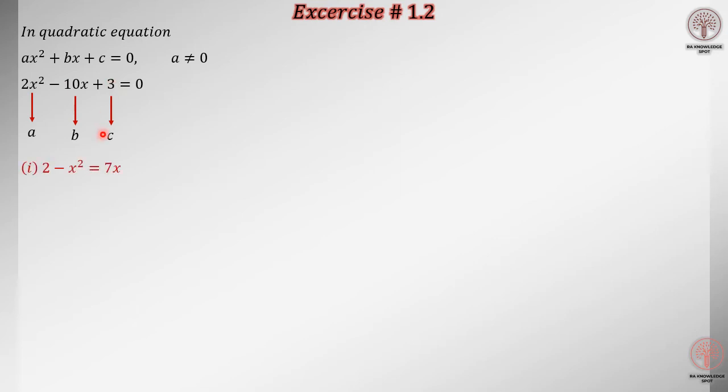Okay, now this is the first question. In all the questions, first you have to find a, b and c. In the very first question, as you can see, I just arranged the question first, because this is x square with a negative sign. Normally we want x square to be positive.